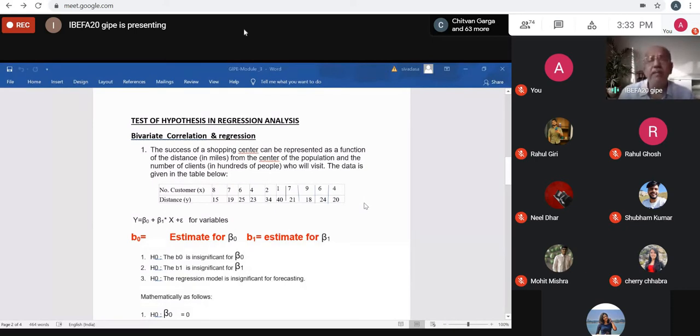But all things are based on a sample. X is customers. Y will be the distance of the shopping mall from their house. How many sample data are available? Check and share.